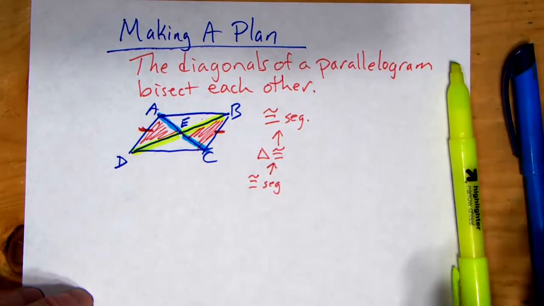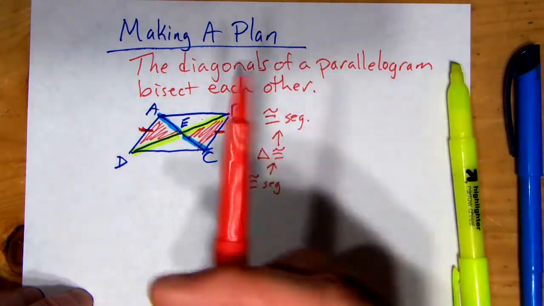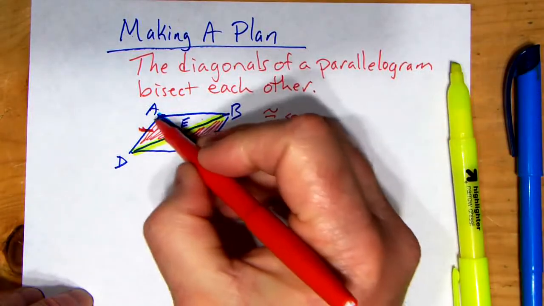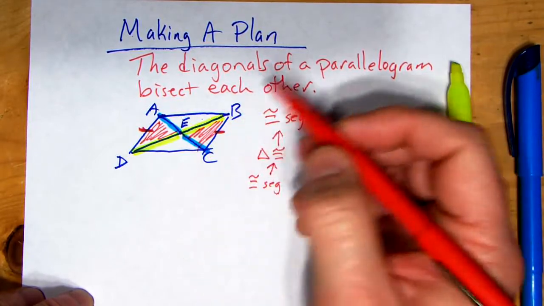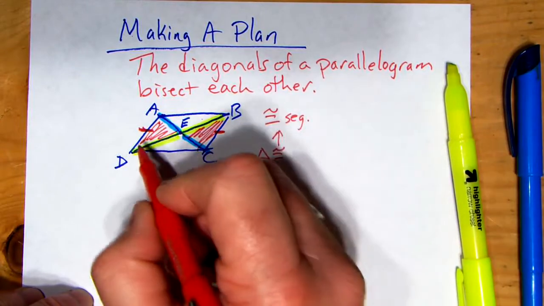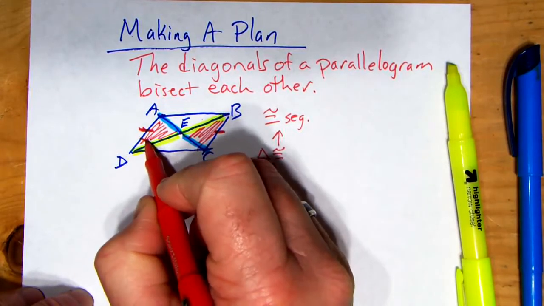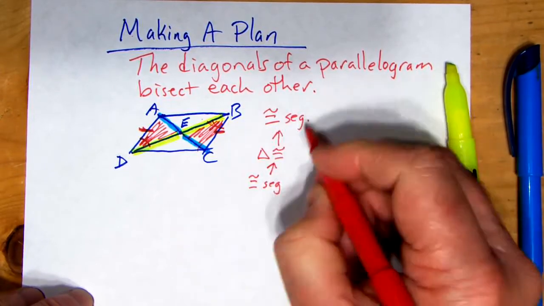Now that's where the trick is on this problem. To get those congruent, we're also going to need to prove that for these 2 triangles to be congruent, we have some angles that are congruent. And we'll be able to do that in a couple of different ways. One of which would be, because we have a parallelogram, we've got some AIA.